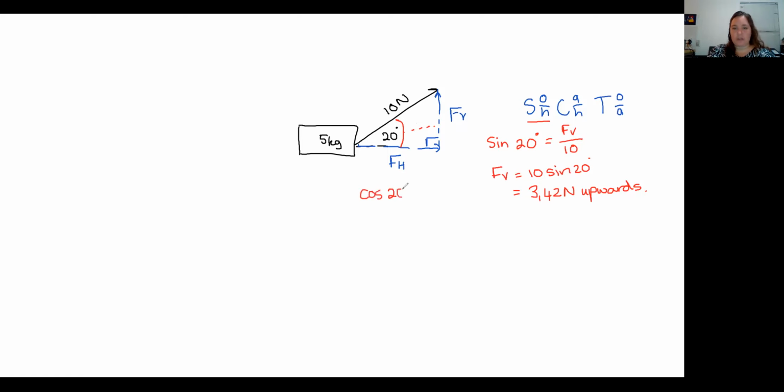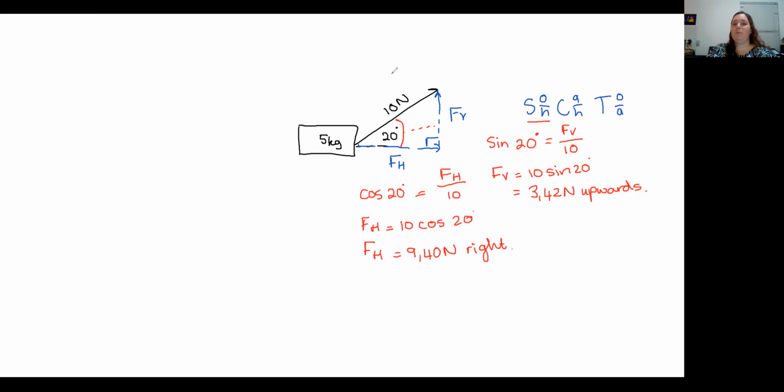So cos of 20 degrees is equal to FH over 10. Therefore, FH is equal to 10 cos 20. So 10 cos 20 gives me an answer that the horizontal component is 9,396. So I'm going to make it 9,40 newtons towards the right.